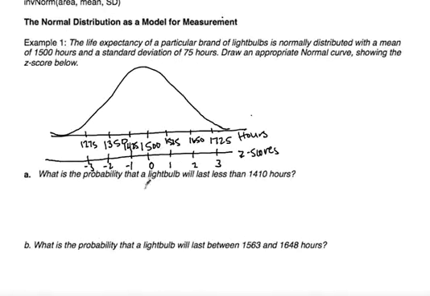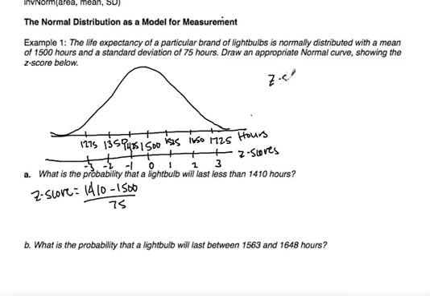A says what is the probability that a light bulb will last less than 1,410 hours. So for this one, you could figure out what the z-score was by doing your 1,410 minus the mean, which is 1,500, divided by the standard deviation, which is 75.